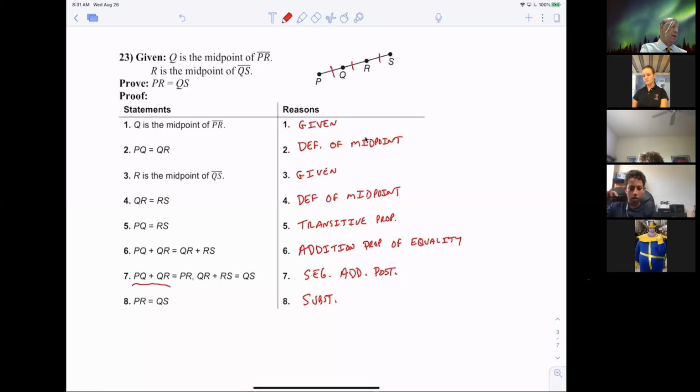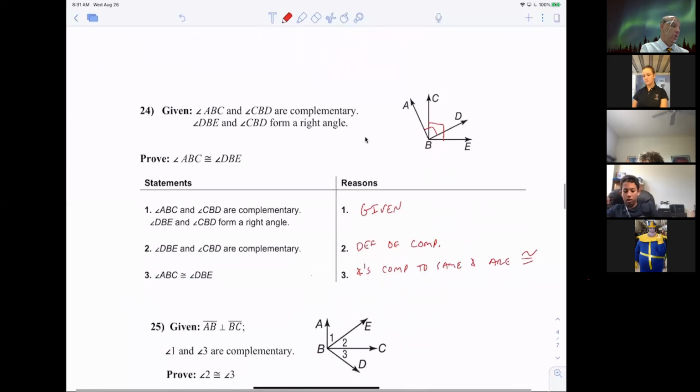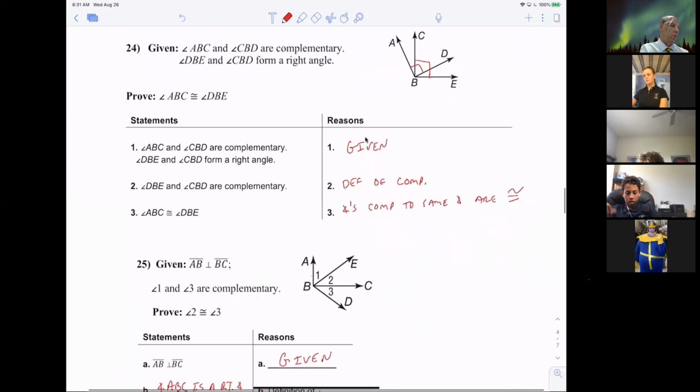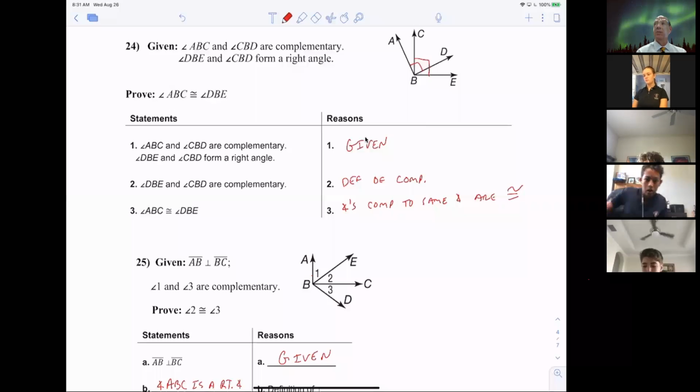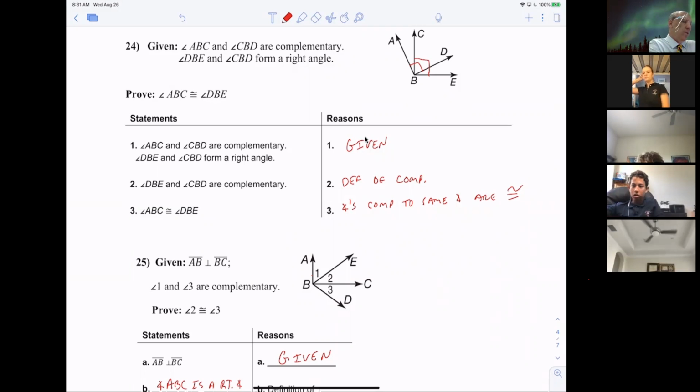All right, here we go. Let's check out 24. So this one was a little annoying, but not too bad. Let's see what this says. ABC and CBD are complementary. So let's highlight that. ABC and CBD, these two angles right here are complementary.